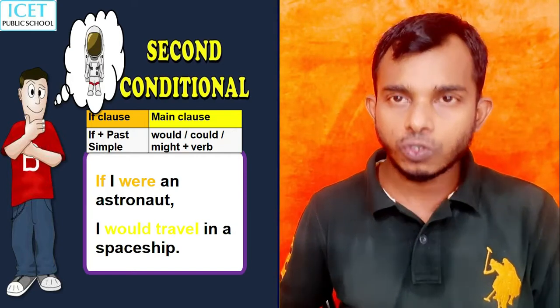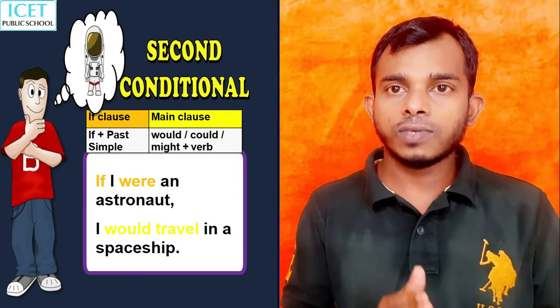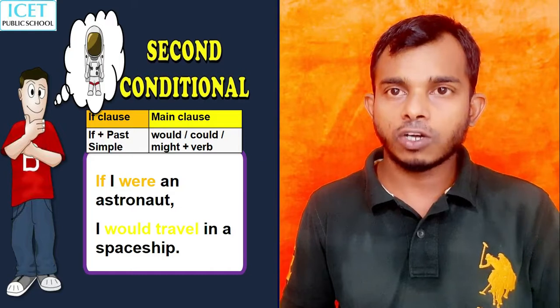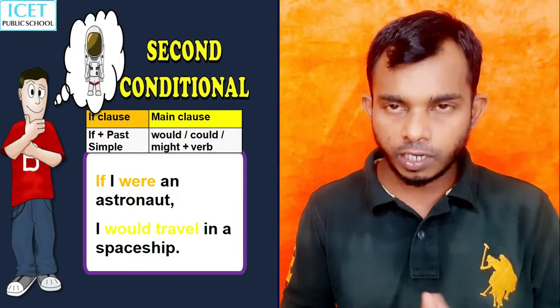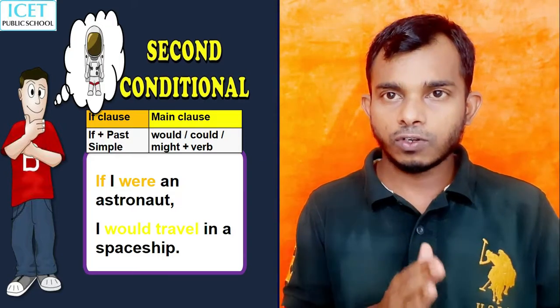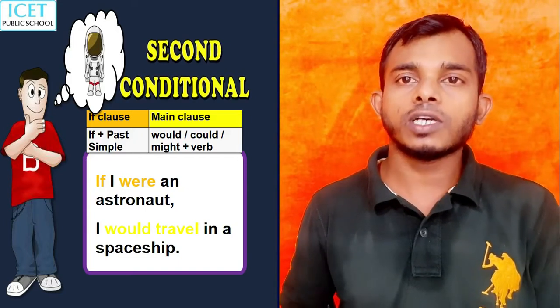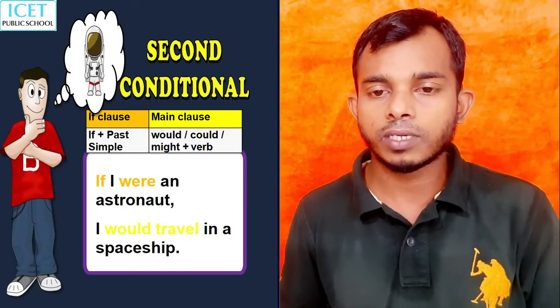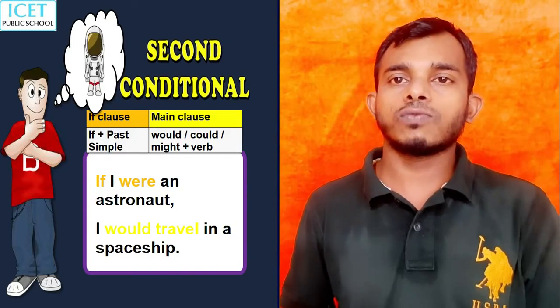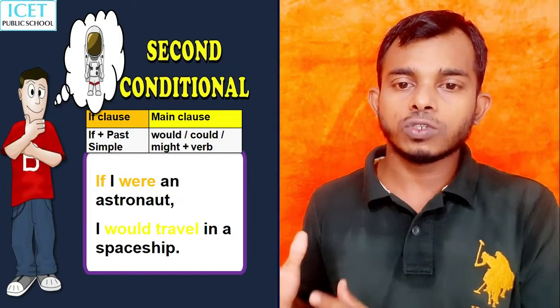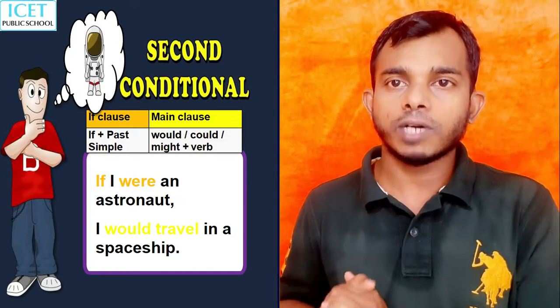So we have to use them along with the simple past in the if clause. If the if clause is written in simple past, then the main clause will be written with would, should, could, or might.